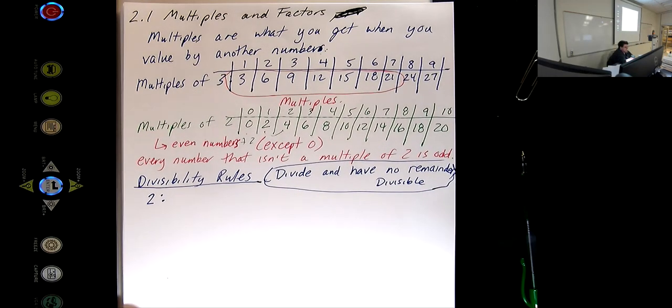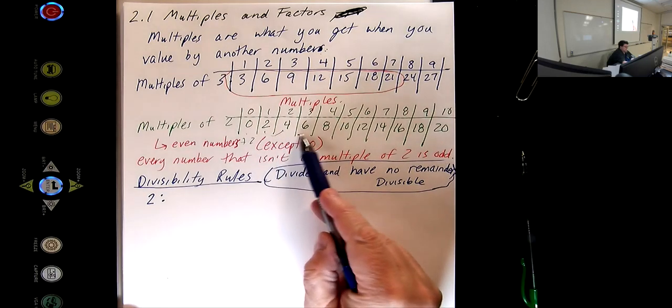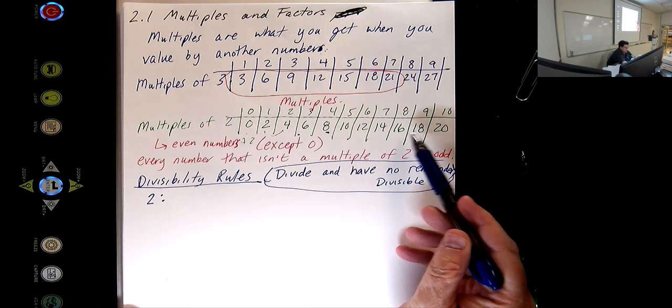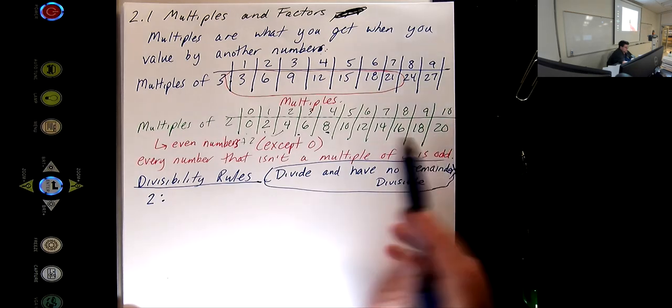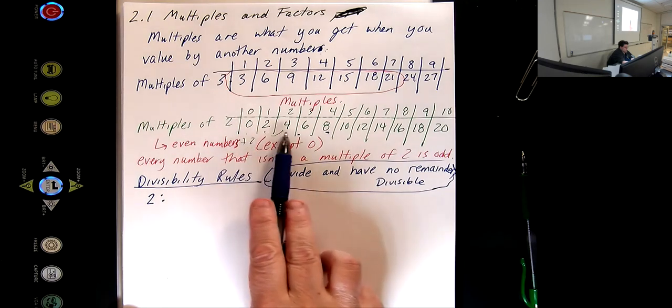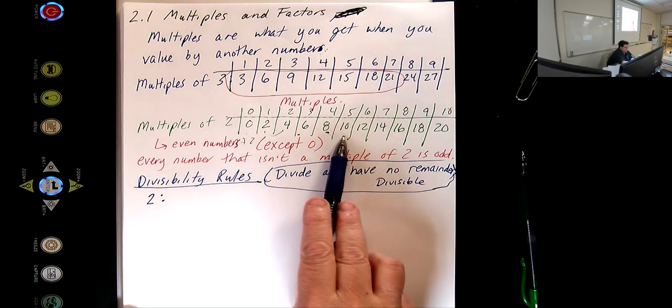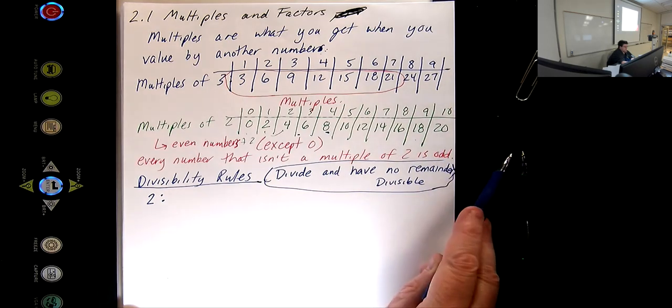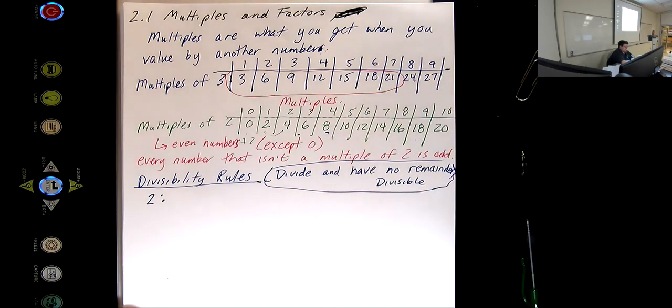Well, the easiest way to get the rule for 2 is look at it. I've got 0, 2, 4, 6, 8, and then I've got 10, 12, 14, 16, 18, 20. The numbers at the end go in a cycle. It goes 0, 2, 4, 6, 8, 0, 2, 4, 6, 8. And when I go from 20 to 30, you'll see 0, 2, 4, 6, 8.